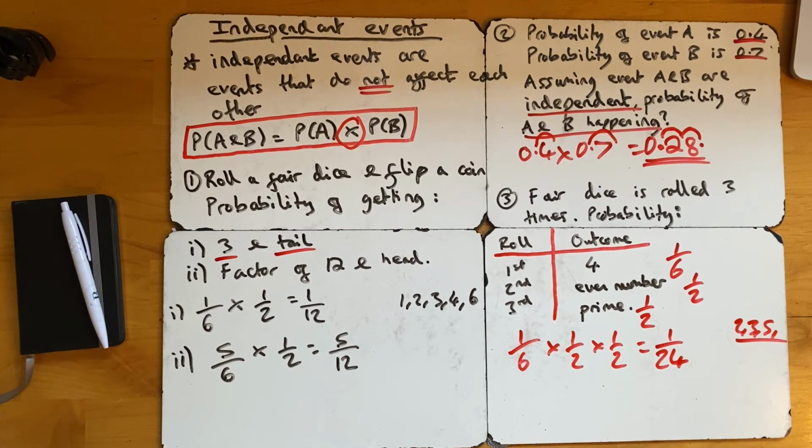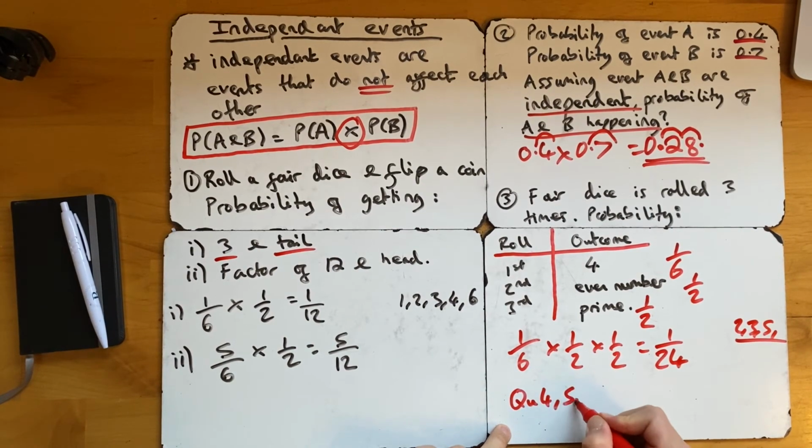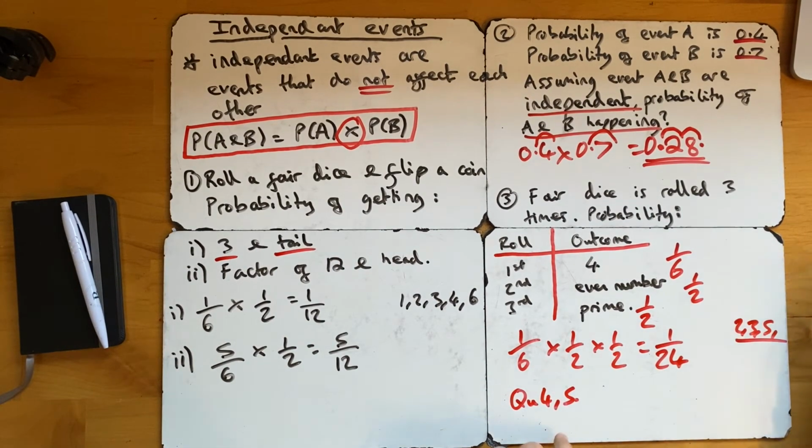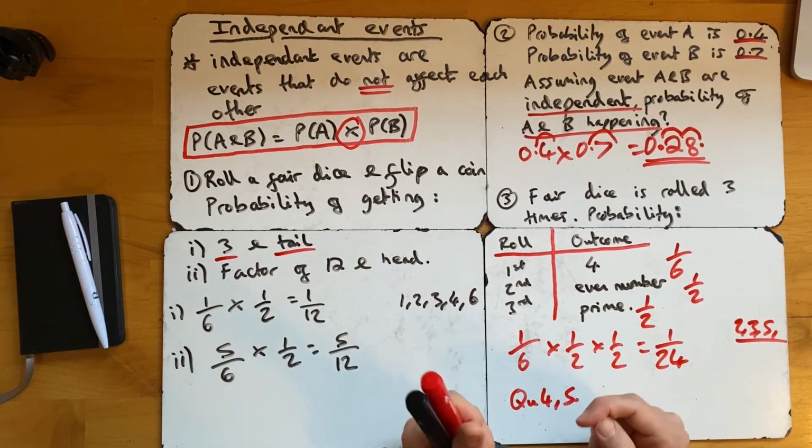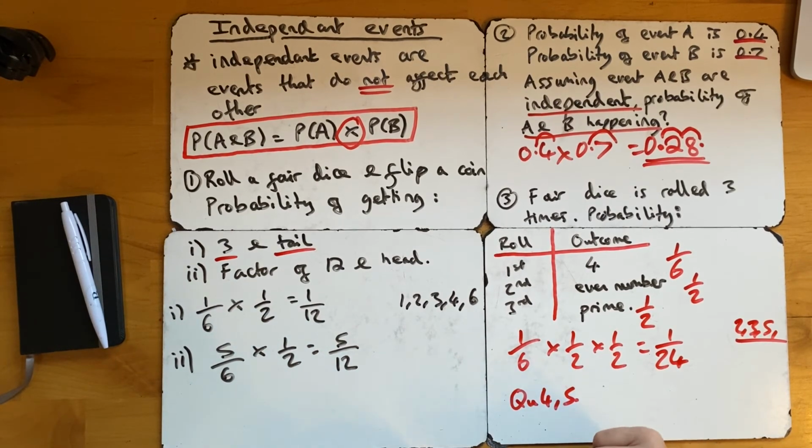Okay, the kind of trick questions on Hegarty Maths are going to be questions 4 and 5. And the reason for that is they ask you to flip a coin twice. So that seems like 2 independent events, flipping a coin. But the problem is they ask you what is the probability of obtaining a different result on each coin.